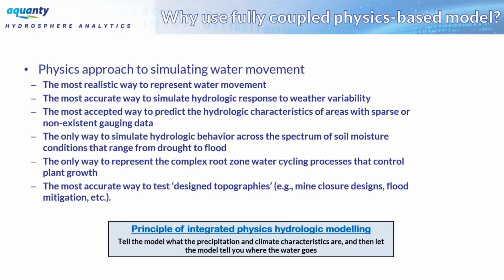But as we move forward into an uncertain future, right, these empirical relationships are becoming less and less strong. So it's a great way of simulating watershed response, for example, to climate change impacts and climatological conditions that have never been experienced within a watershed.